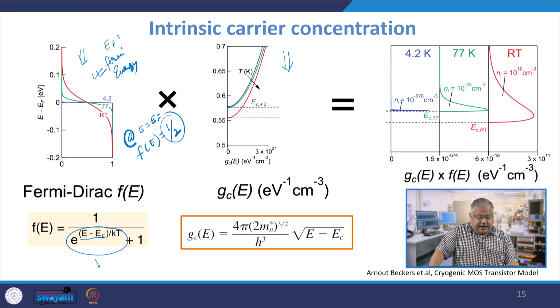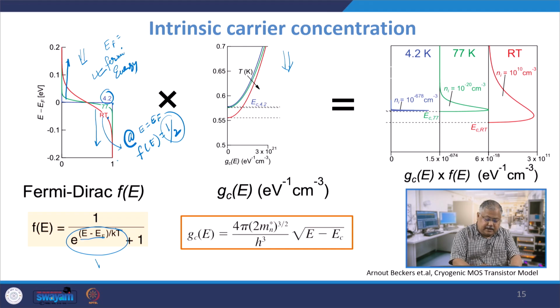Now, let me come to low temperature, 4.2 Kelvin, which is very near to absolute 0. This is the blue curve. This green curve is at 77 Kelvin, and this red curve is at room temperature, which is 300 Kelvin.